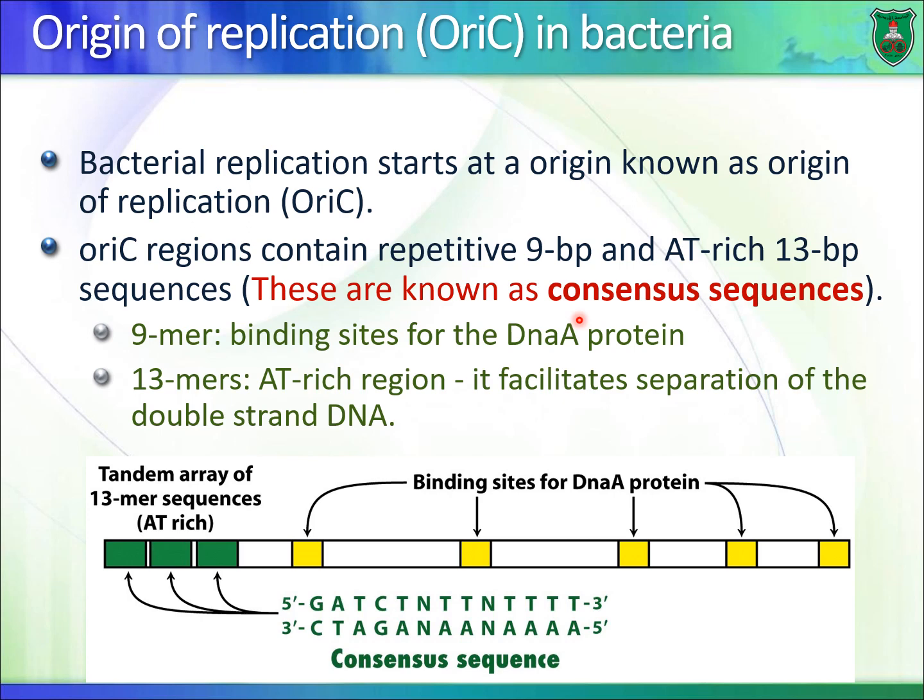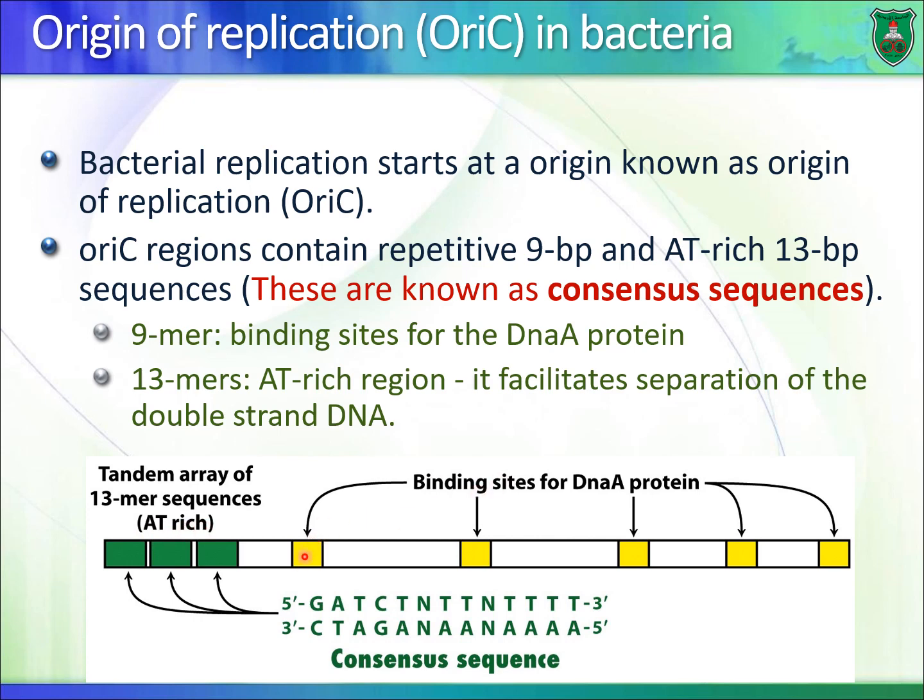Okay, the consensus sequences that exist in the origin of replication are of two types. You have a 9 base pair region and you have a 13 base pair region as well. Now, the 13 base pair region is actually a tandem array of sequences. You have the same sequence right here, right there, and right here as well, and these sequences are AT rich.